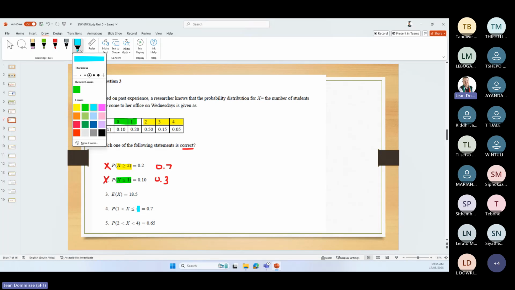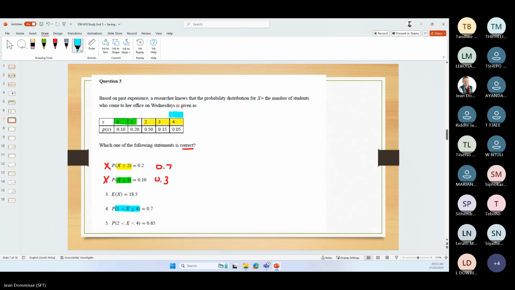Let's go and look at smaller or equal to 4, but bigger than 1, not including 1. And look how interesting that is. So that is correct. But look at those two, they are exactly the same.